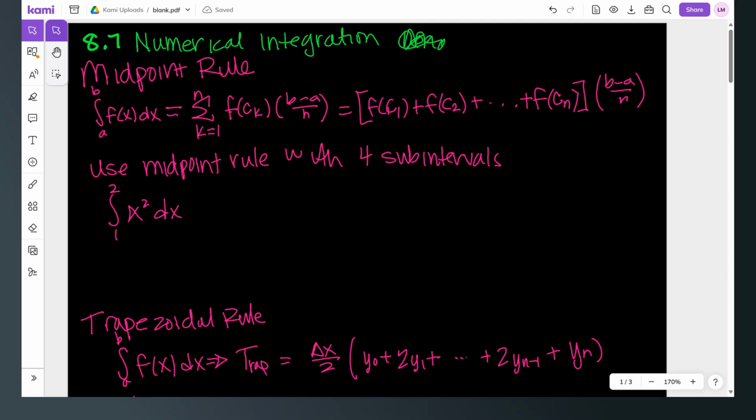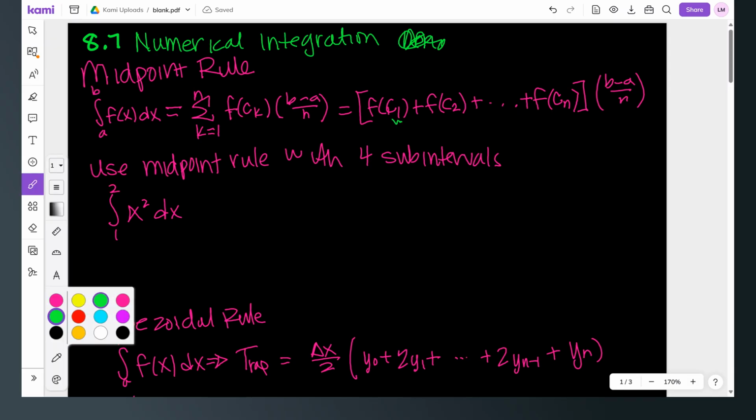So I have to find f of 1, and this is my first x value, and then my second x value after we've created those subintervals. First of all, I need to find b minus a over n, the width of my subintervals.